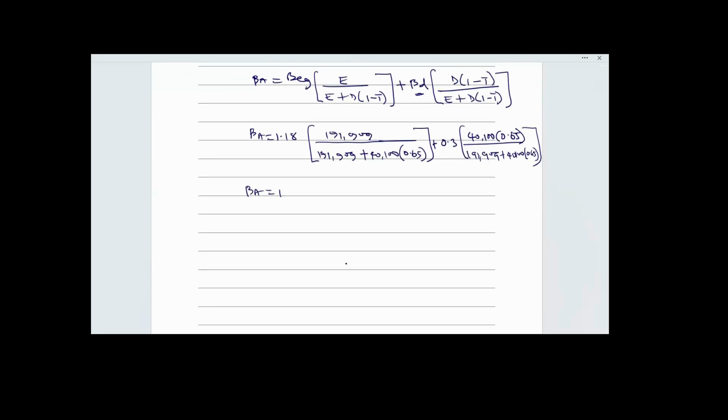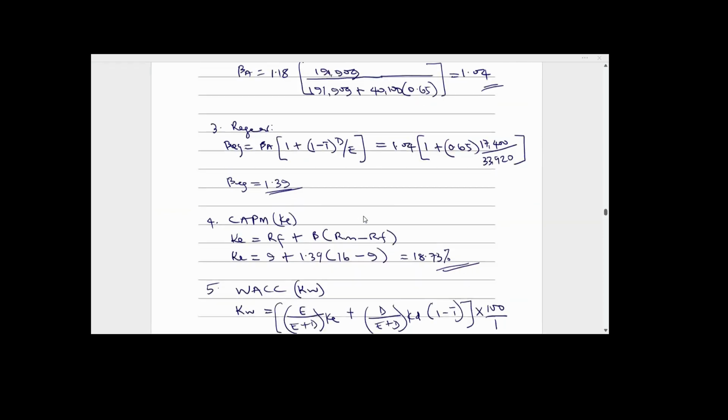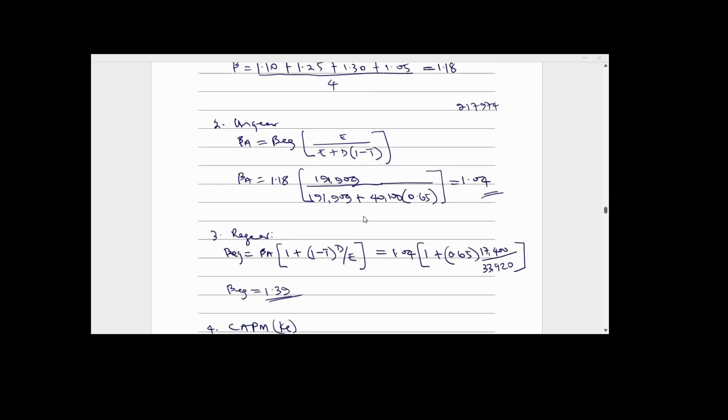So I will say 1.04 plus the other side, which is 0.65 multiplied by 4,100, then divided by 217,974.